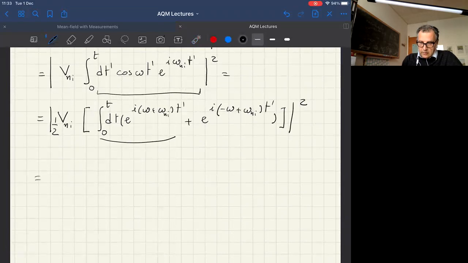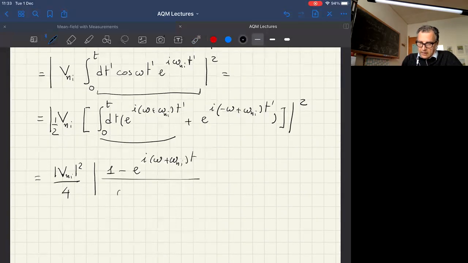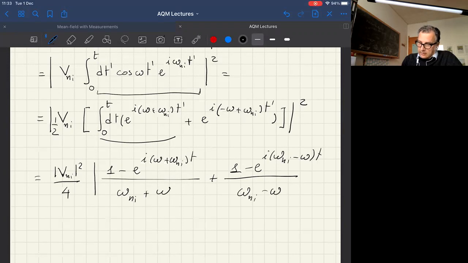So this is equal to modulus V n I squared over 4, times the modulus squared of 1 minus e to the i (omega plus omega n I) t divided by (omega n I plus omega), plus 1 minus e to the i (omega n I minus omega) t divided by (omega n I minus omega).